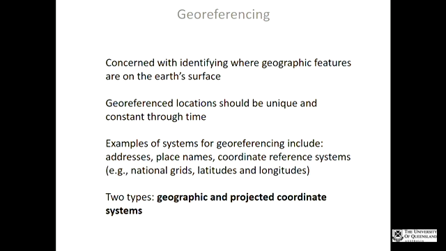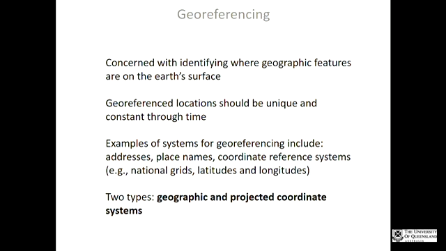They should be unique, and they should be constant through time. If a location changes through time, you have to know the date when it was collected or georeferenced, which makes life difficult. And if it's not unique, then a georeferenced location could be multiple places on the Earth's surface, and we know we can't be in different places at the same time.